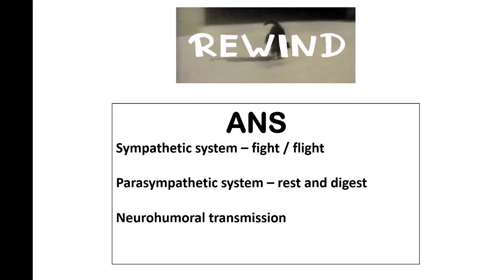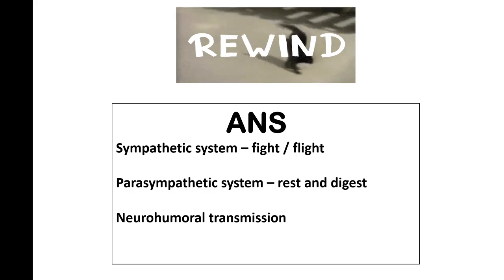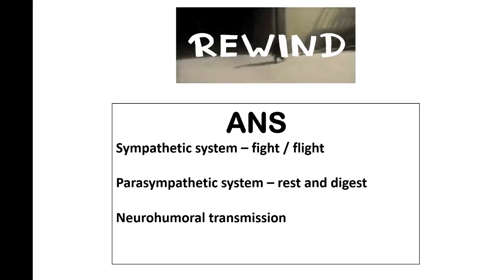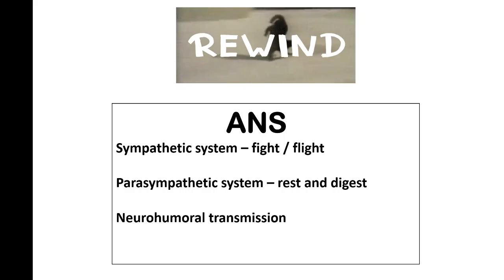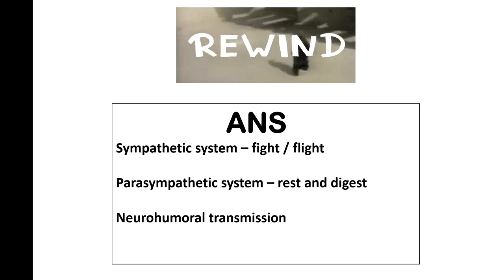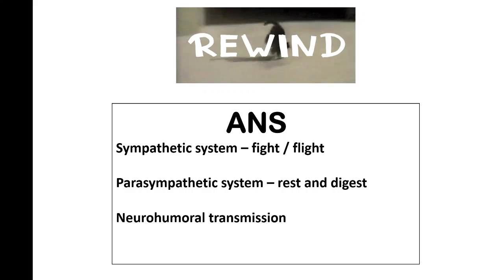We learned the receptors. In the sympathetic system, there are two types of receptor, alpha and beta. In the parasympathetic system, again two types, muscarinic and nicotinic. And there are also subtypes: alpha 1 and alpha 2, and beta 1, beta 2, beta 3 for the sympathetic system. For the parasympathetic system, muscarinic M1 to M5, and nicotinic NM and NN.